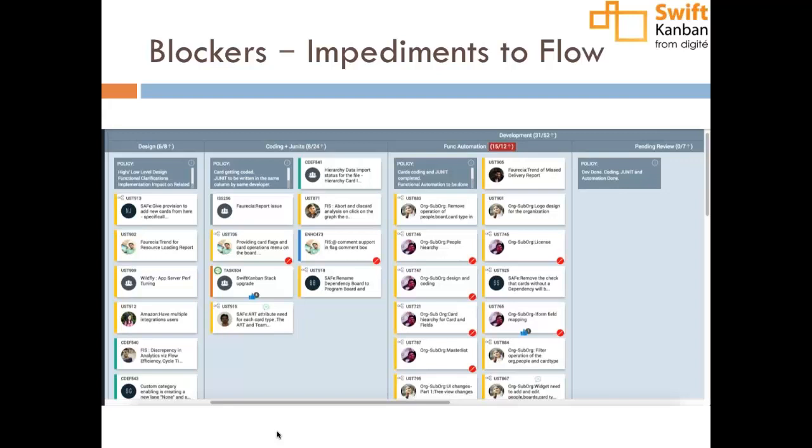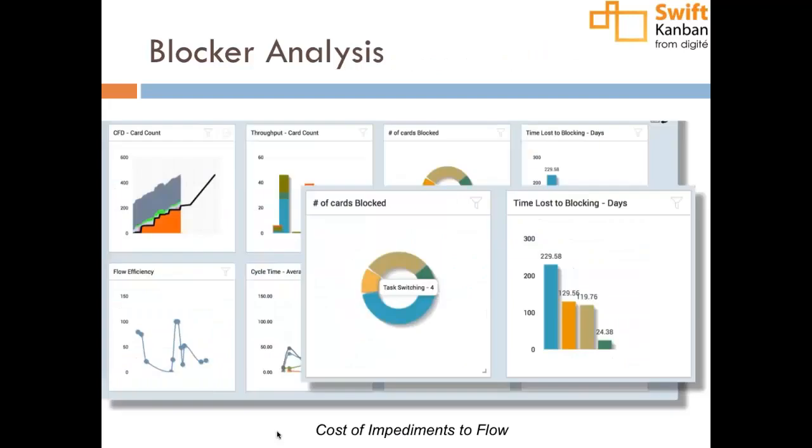You want to highlight the fact that some work is held up because of some problem, and then the whole team is supposed to swarm and help the person remove the blockage.